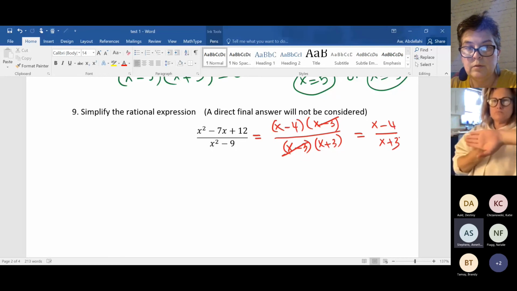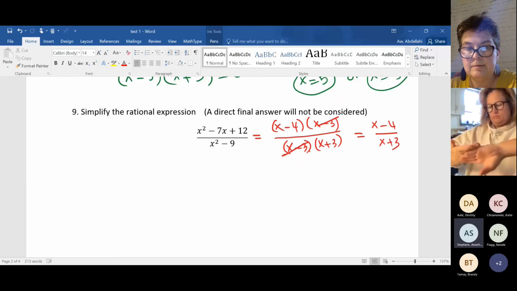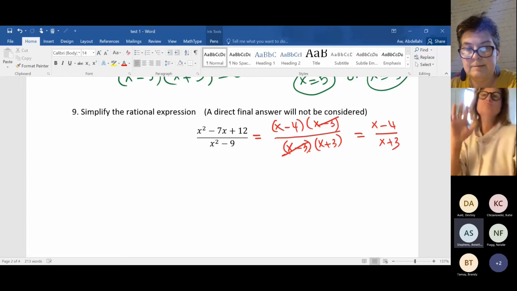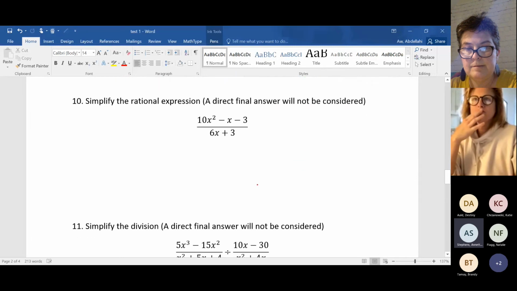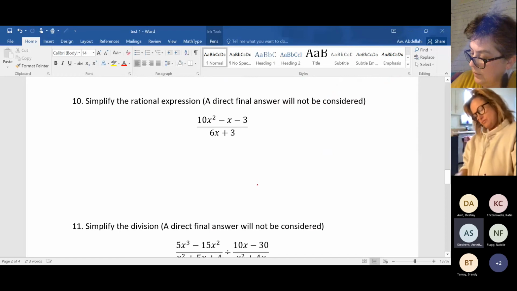So that is, you see, again, what you want to see if the students can do: simplify a regular expression like that, okay? And this is about factoring. Another one here, also about factoring and then simplifying.